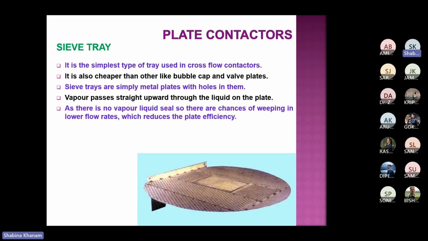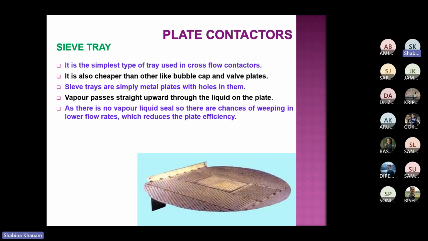You can say that my plate should be such that whatever the vapor flow available, weeping should not occur. So the limitation of this sieve plate is that the vapor flow rate should not be less than the desirable velocity where weeping does not occur.